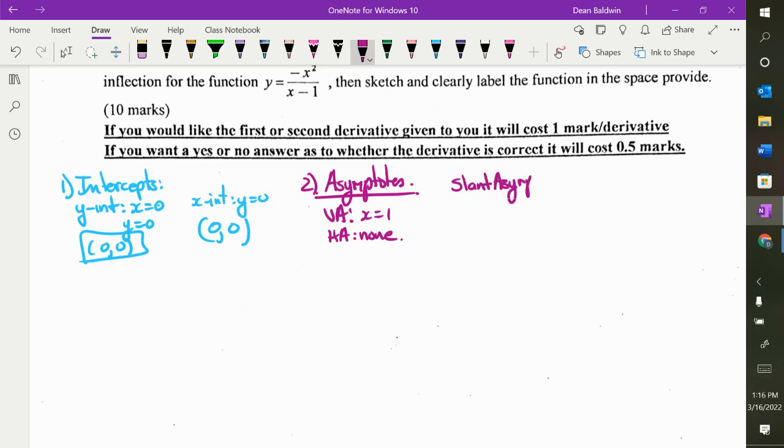How do you find a slant asymptote? So we do our synthetic division. We're dividing by x minus 1. So what's the a value? The number goes on the outside. 1. We start with negative x squared. So that's negative 1. But you have to go down in order. It's 0, 0.